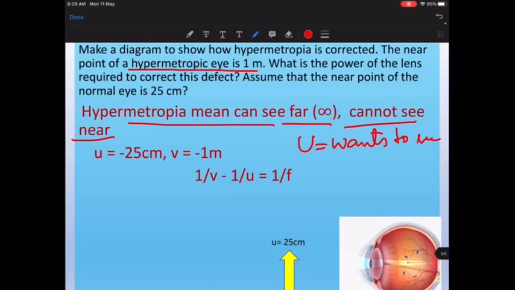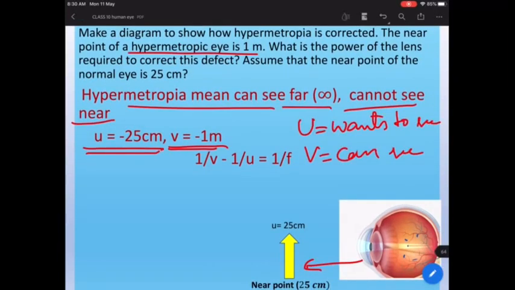Now again you can substitute these values in the formula and find out the answer, which I've already done for you. Look how we've done it. This is the formula: 1 by f is equal to 1 by v minus 1 upon u. Then what is u? U is minus 25, so this will become plus 1 upon 25.